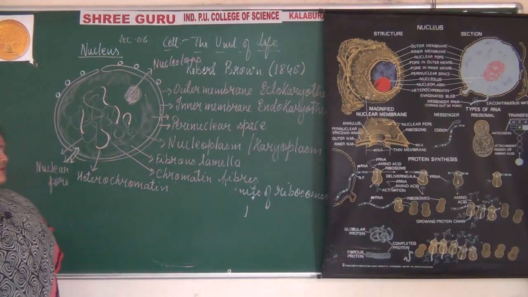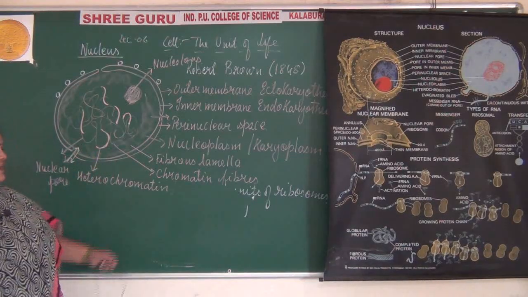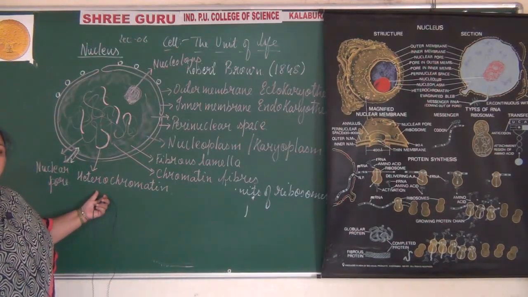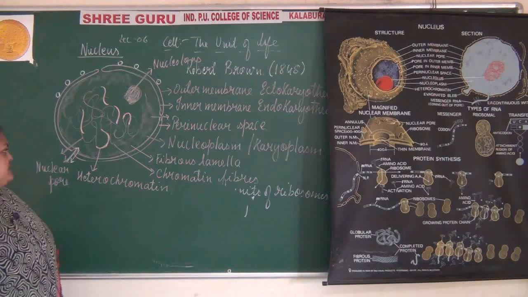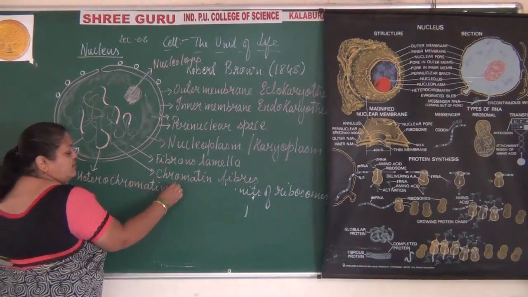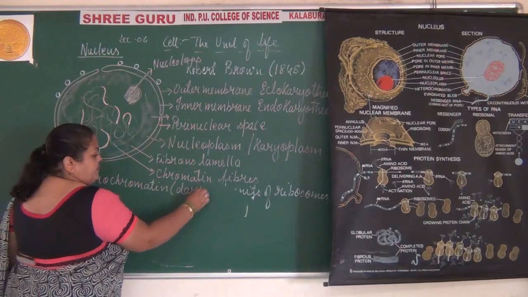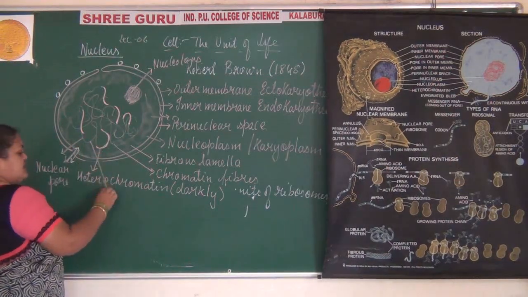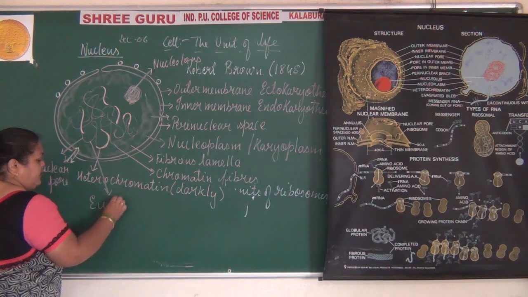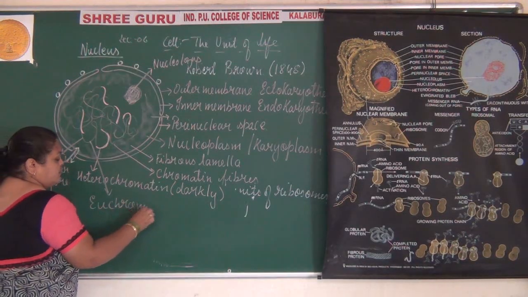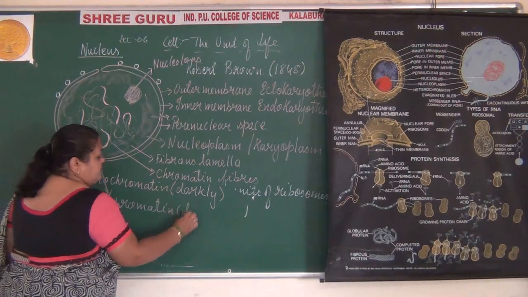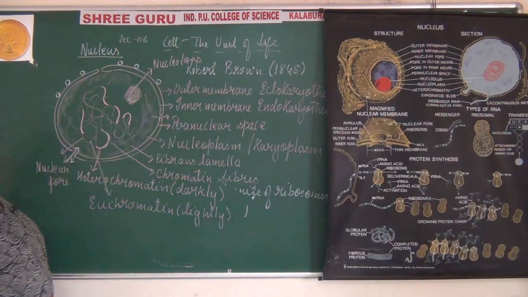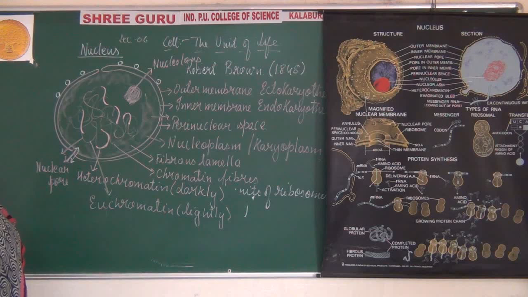But just remember now that heterochromatin is the part in the chromatin fibers that appears dark and stains darkly. The part which stains lightly is known as euchromatin, when observed under the electron microscope.